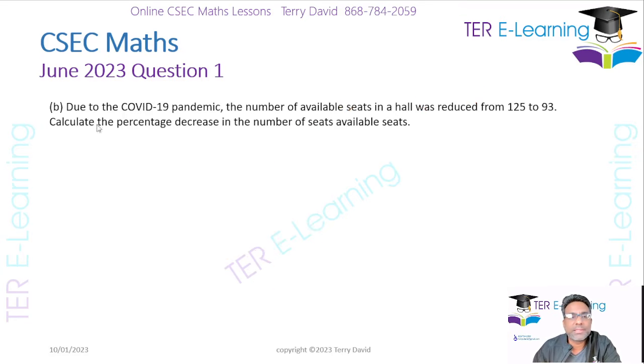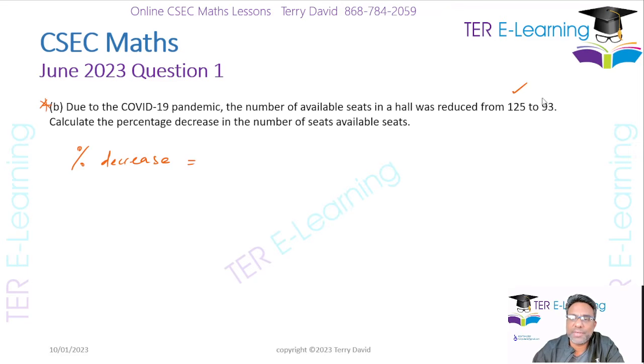The next part, they said, due to the COVID-19 pandemic, the number of seats available in a hall was reduced from 125 to 93. Calculate the percentage decrease. So percentage decrease is simply going to be whatever the change is.